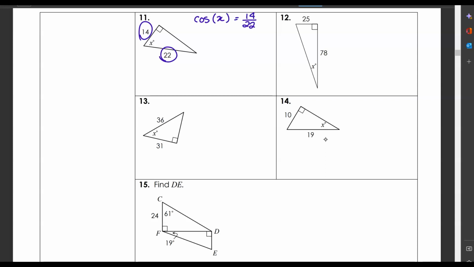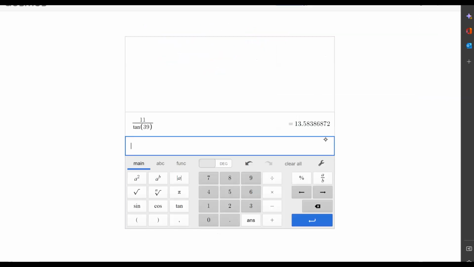So with this, we're going to take the inverse of cosine of 14 over 22, and then this tells us that x is equal to cosine inverse of 14 over 22. So we're left with x equals, well, let's go ahead and plug that in.